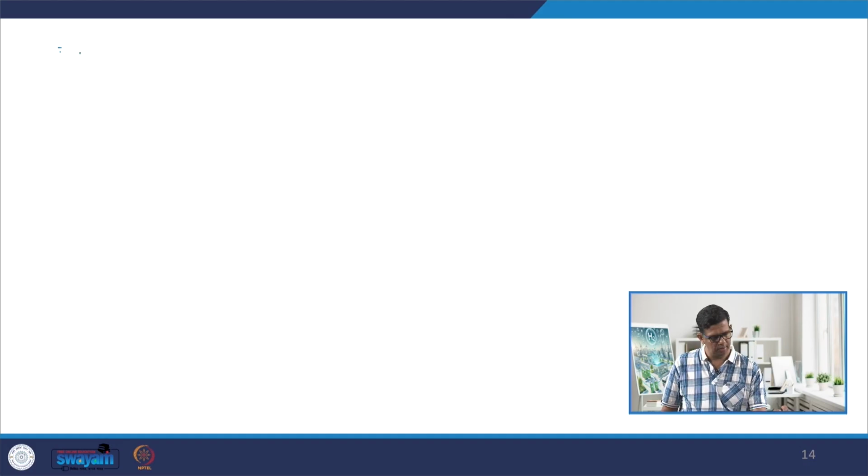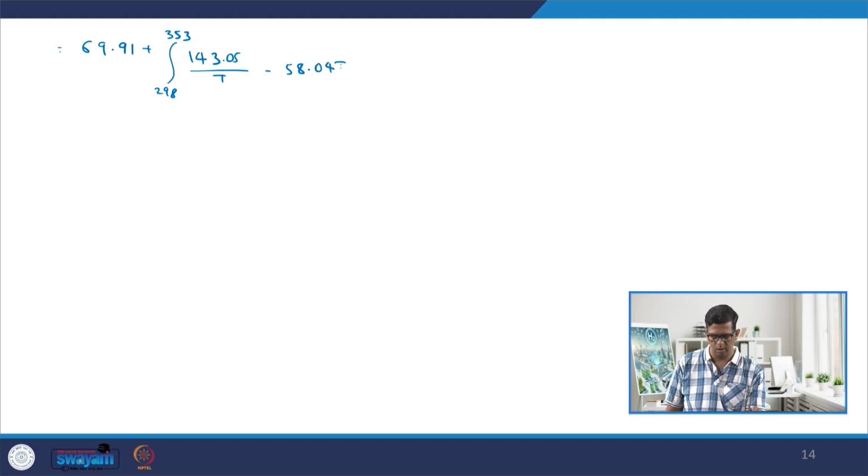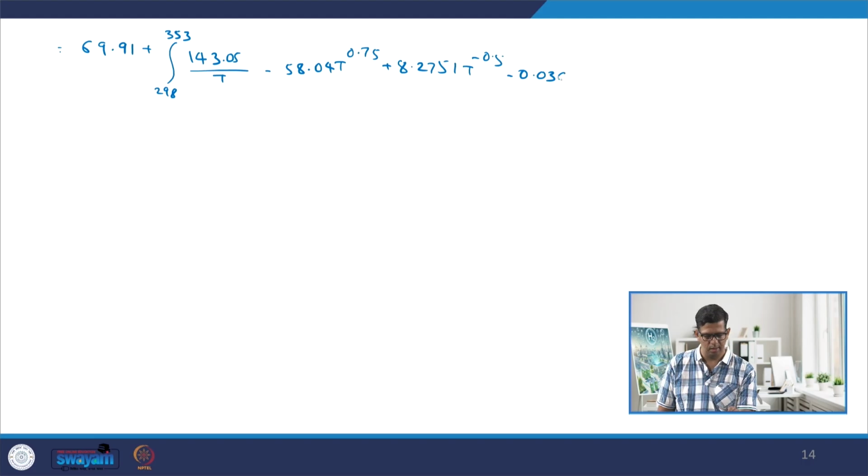Let's go ahead. So that becomes 69.91 plus integration from 298 to 353 of 143.05 by T minus 58.04 T to the power minus 0.75 plus 8.2751 T to the power minus 0.5 minus 0.03689.